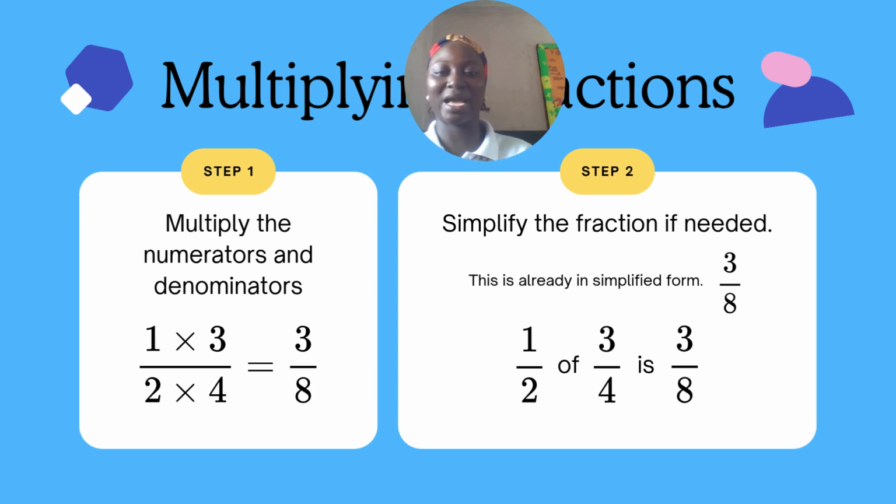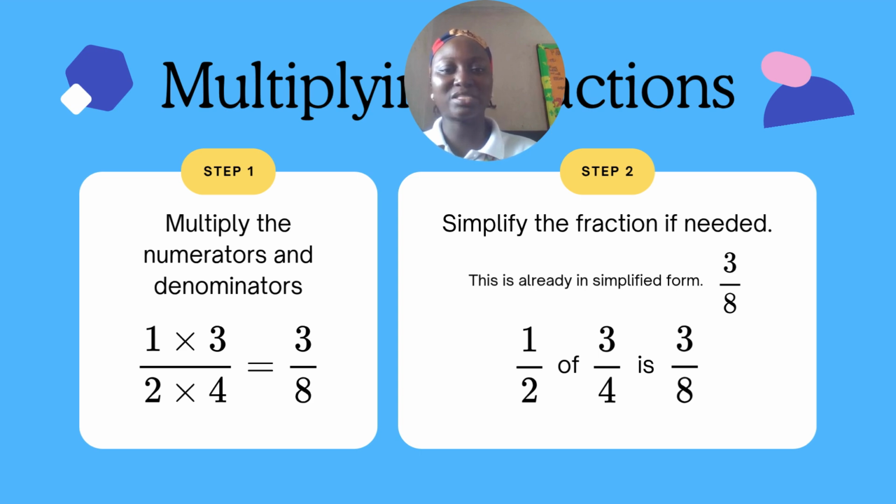Now let's multiply the top numbers, which is 1 times 3 equals 3. 2 times 4 equals 8. So we multiply the numerator and the denominator. When you multiply the numerator and the denominator, what does it give us? It gives us 3 over 8.